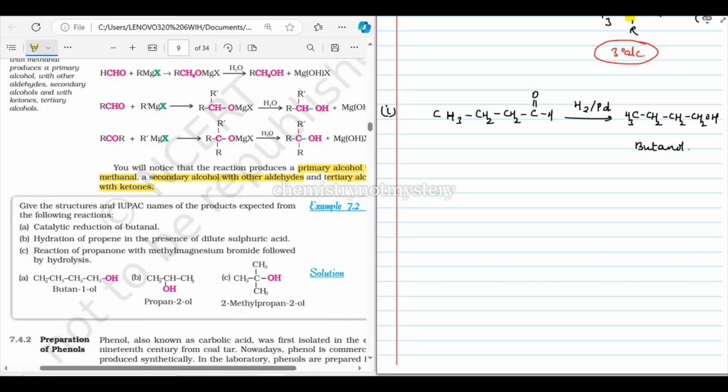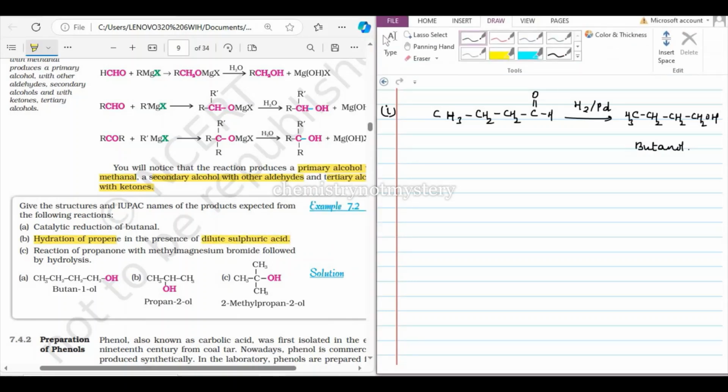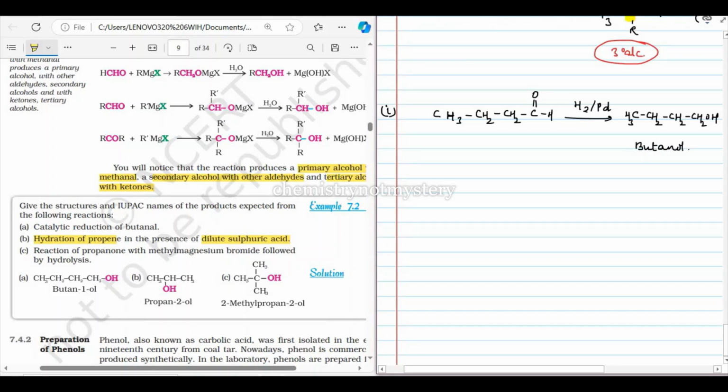Now come to the second question. Hydration of propene in the presence of dilute sulfuric acid. Means here you have to add a water molecule to propene in acidic medium. First of all, draw the structure of propene. This is CH3 single bond CH double bond CH2.